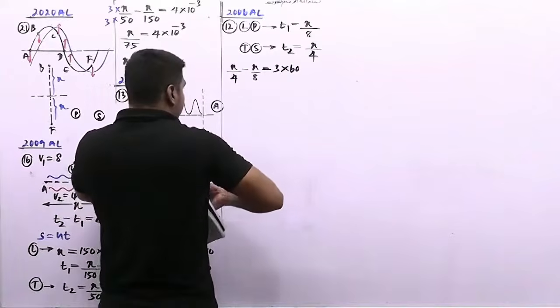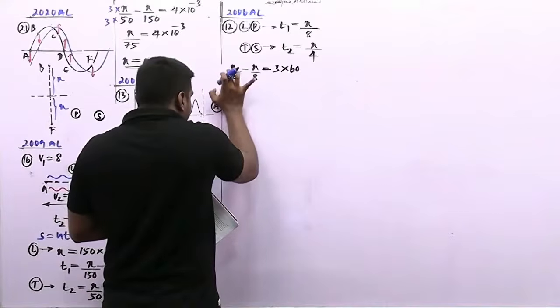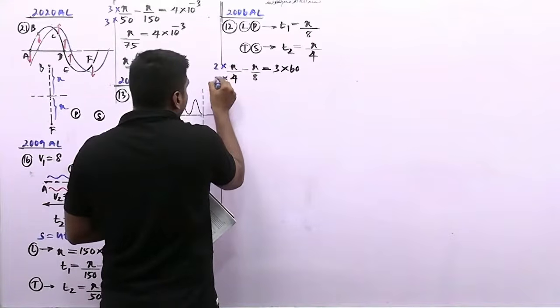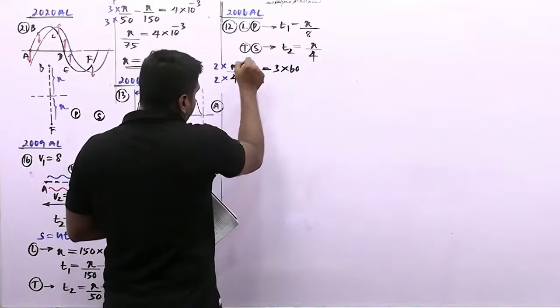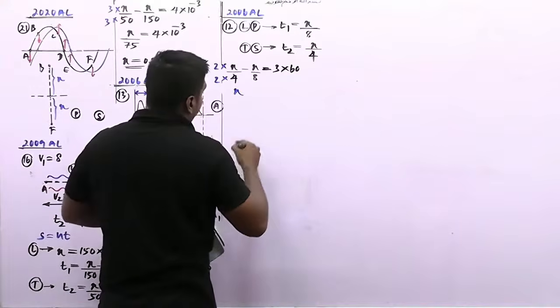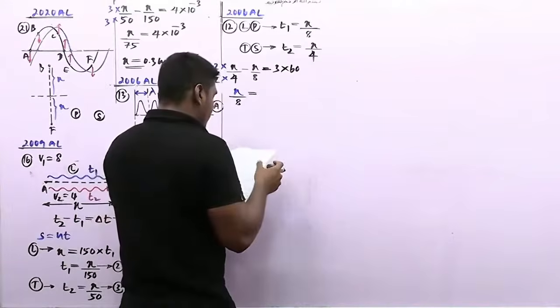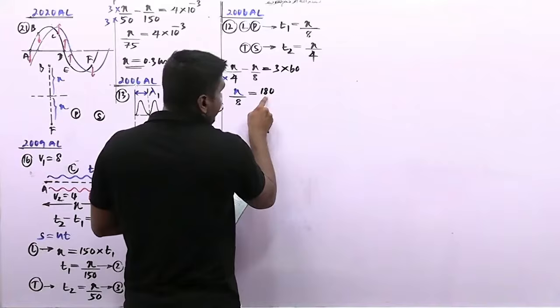So I multiply the numerator and denominator by 2. Then 2x minus x gives x, so x over 8 equals 3 into 60, which is 180.